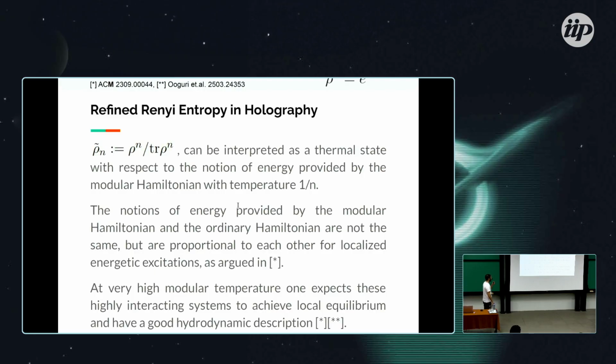At this point, as I said, this is a thermal state with respect to the notion of energy provided by the modular Hamiltonian, and in the n to 0 limit, this will be like a high temperature limit.